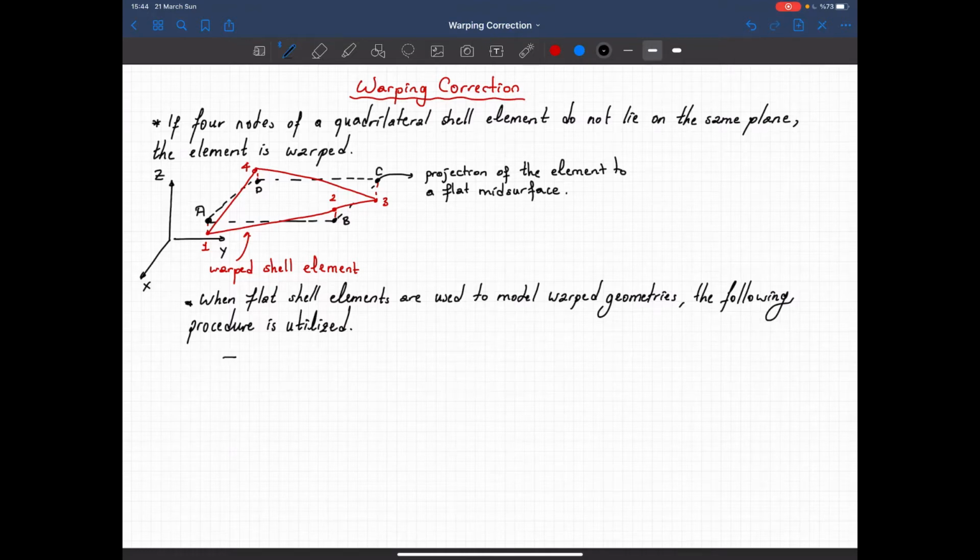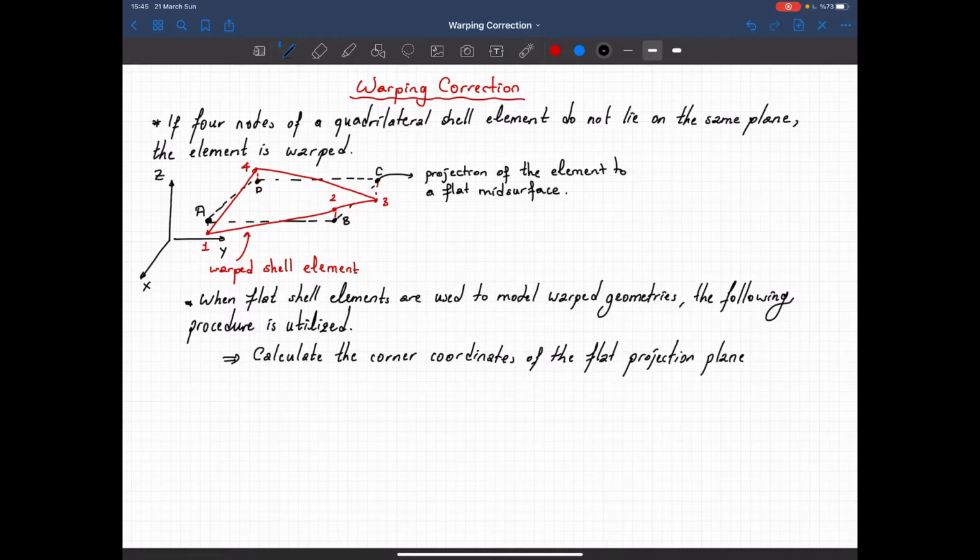Step 1. First, calculate the coordinates of the flat projection plane.